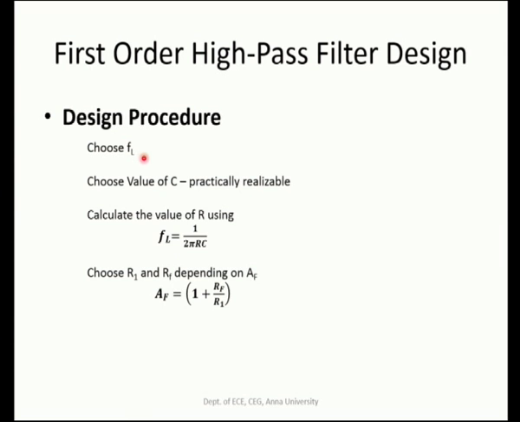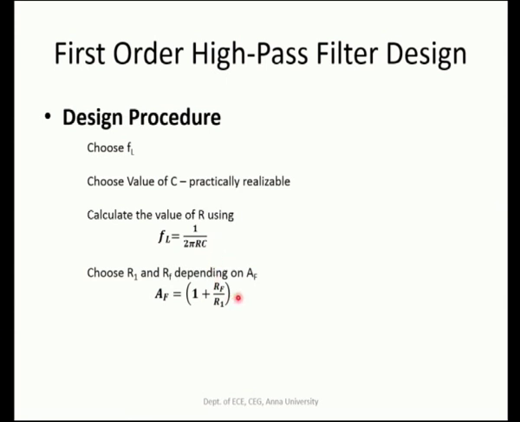We choose this depending on the application. With FL chosen, and FL given by 1 by 2 pi RC, we choose C to be a practically realizable value, and from this expression we can obtain the value of R.